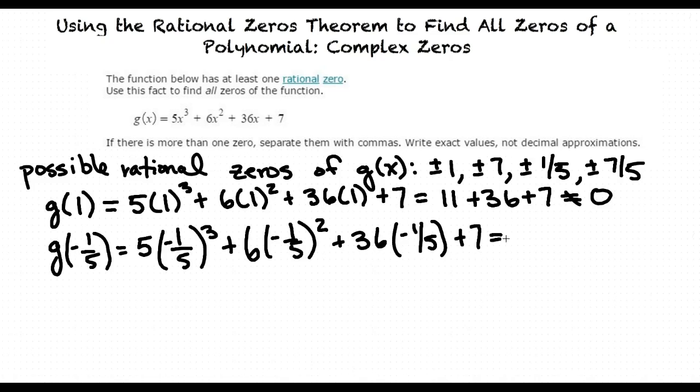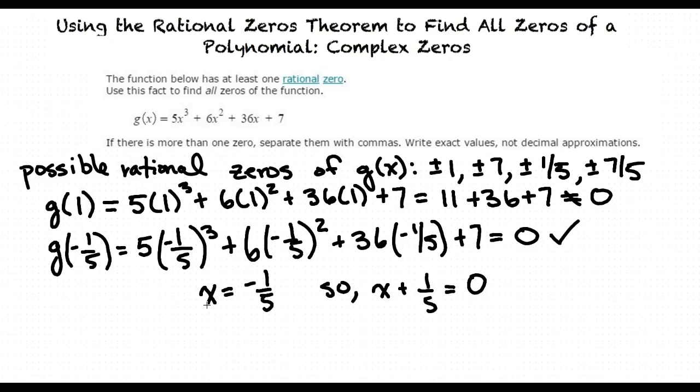This happens to equal 0. So we know that negative 1/5 is a rational zero of g of x. Since negative 1/5 is a rational zero of g of x, x plus 1/5 is equal to 0, which means that x plus 1/5 is a factor of g of x.